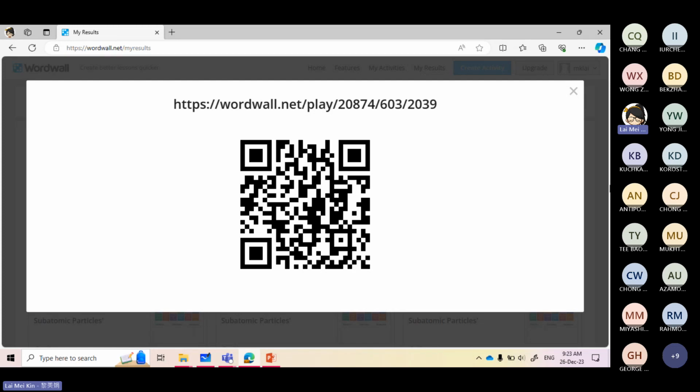What is the mass? Where is it located? What's the function? Okay, most of which we have discussed just now. And neutron, okay, what's the mass? What's the charge? What is the function? And electron. Okay, give it a try. Give you guys around 2 minutes. Remember to key in your student ID.